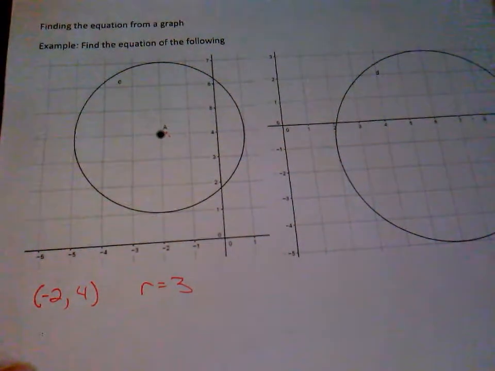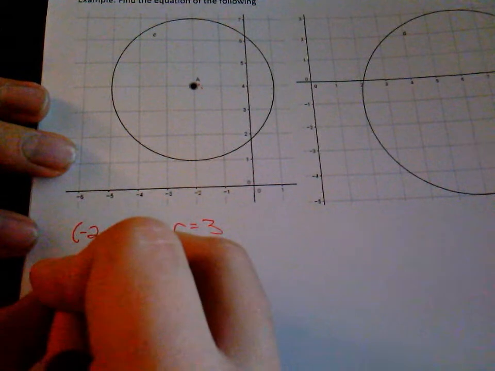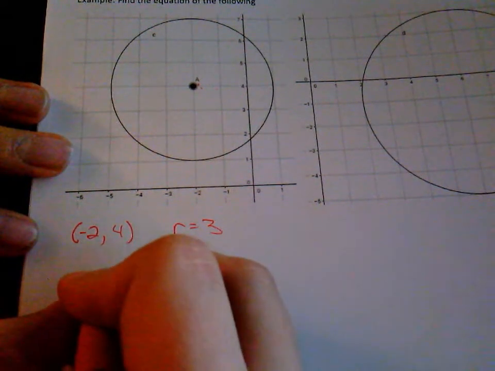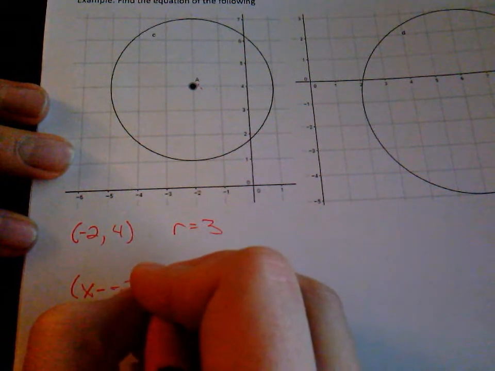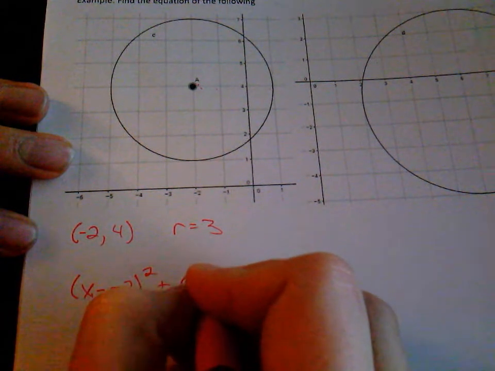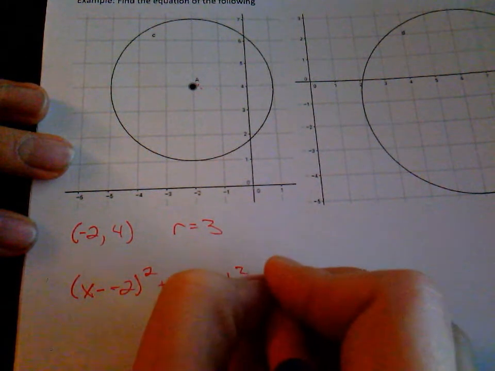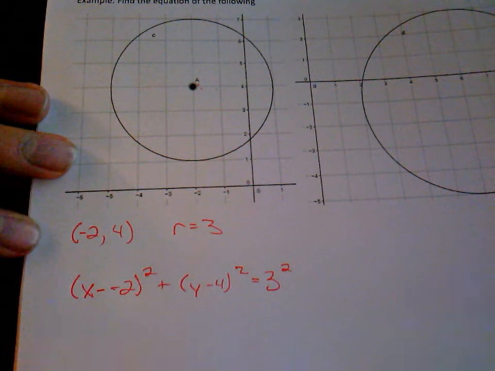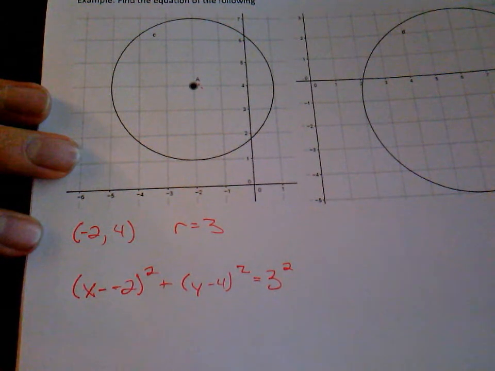So all we've got to do here is plug it in. So it becomes (x minus -2) squared plus (y minus 4) squared equals 3 squared. We have a double negative here.